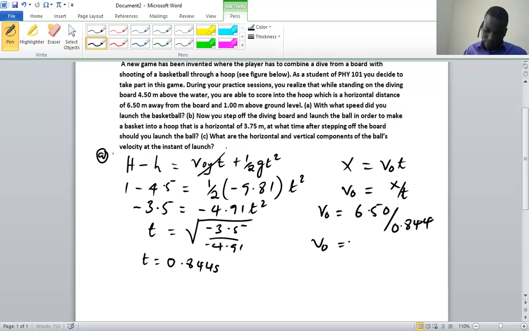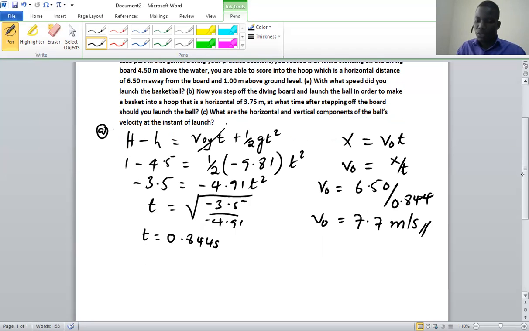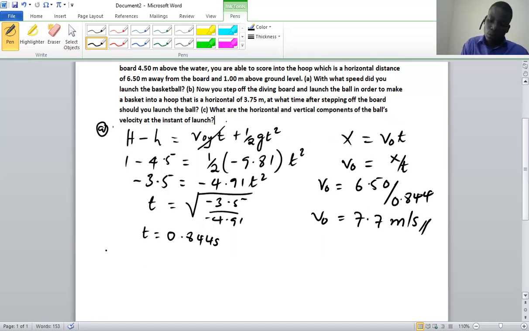And our initial speed, or launch speed, is 7.7 meters per second. So that is how you calculate question A. You would have calculated the launch speed.